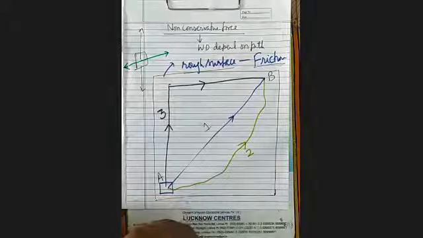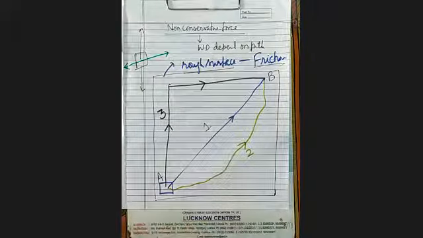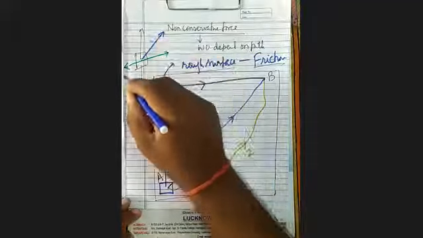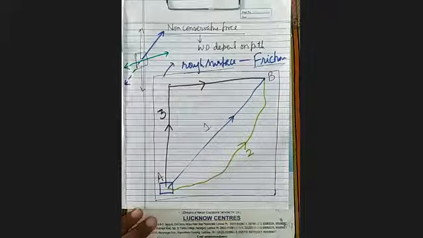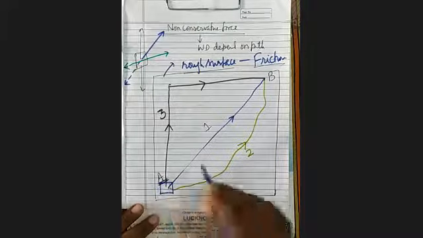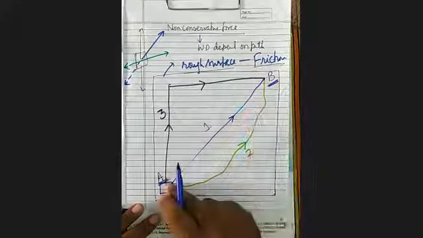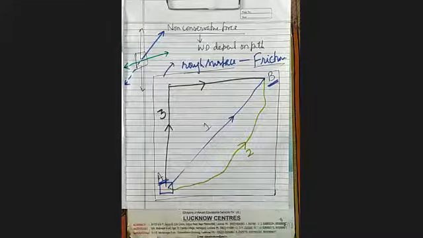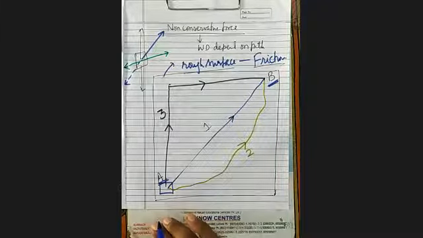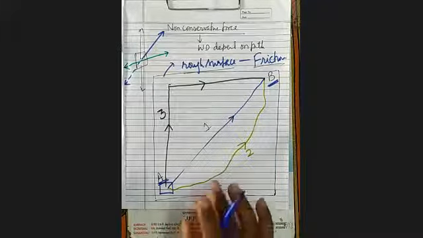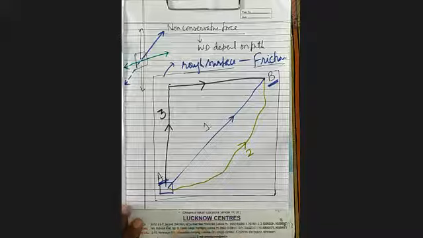Suppose it is moving in this direction, the force of friction will act opposite to it. So whether you are carrying the body from A to B or B to A, work will always be done against the friction.